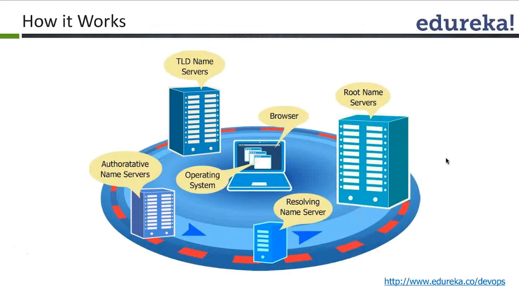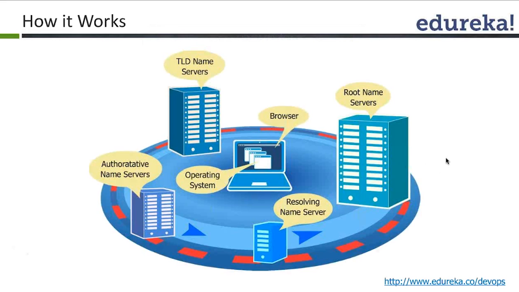What are you trying to achieve by typing www.google.com? We know that there is a server by the name www.google.com, but what we do not know is its IP address.